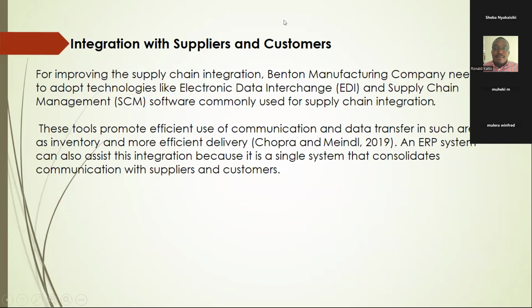Hello, Winfred. On the part of integration with the suppliers and the customers, for us to be able to improve the supply chain integration, the Benton manufacturing company needs to adopt technologies like electronic data interchange, EDI, and supply chain management software.